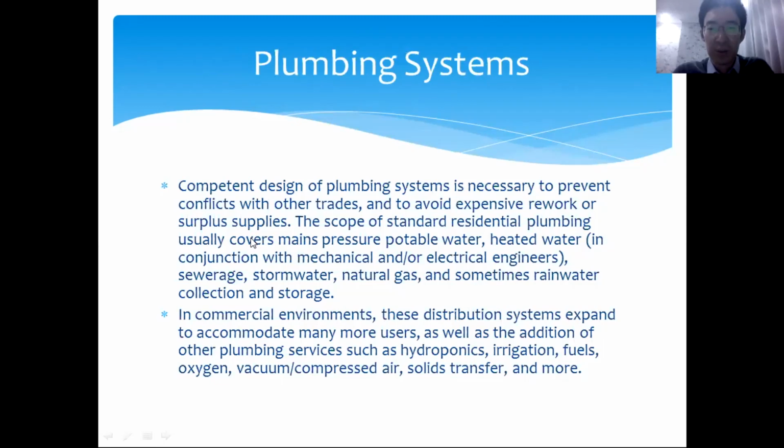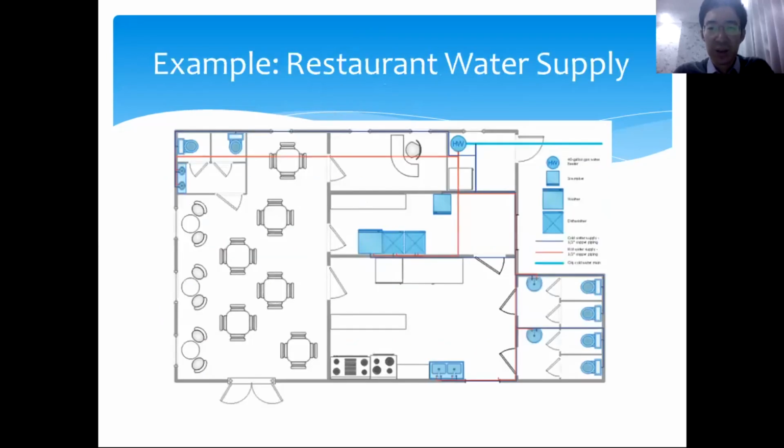Okay, and the last one is plumbing. Plumbing is about water supply. Here we can see an example of it. We have cold water intake, then we have the heater, which heats water.